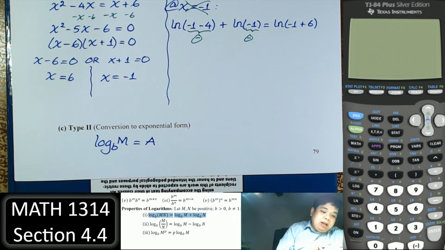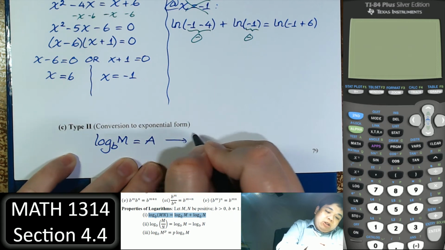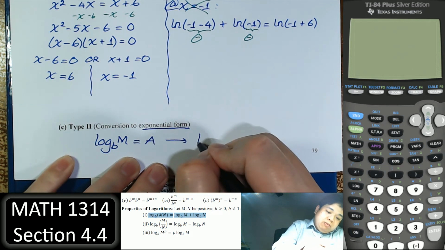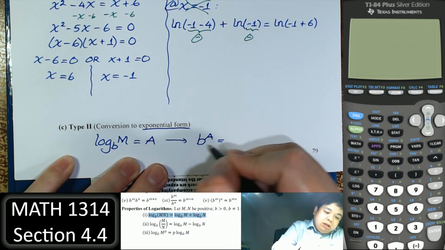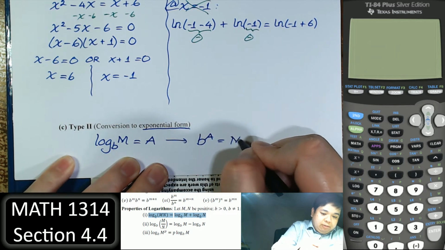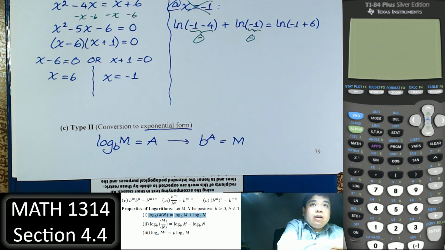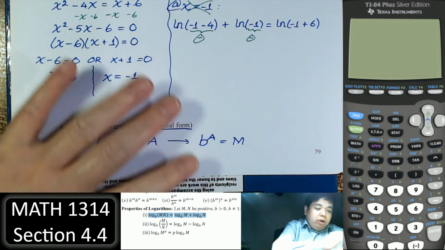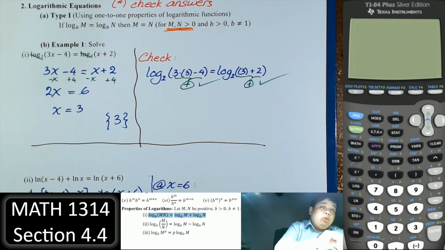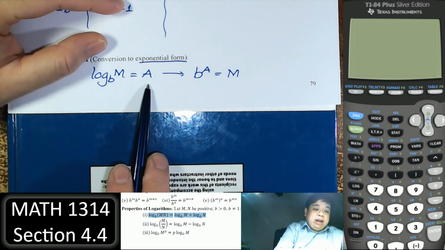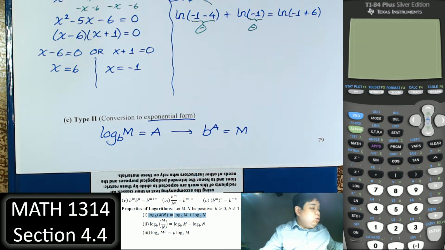So we can convert to exponential form, b to the a power equal to m. So if we have logs everywhere, make sure we have one on each side, so that will cancel out. If we have a log and then a number, convert that to exponential form.